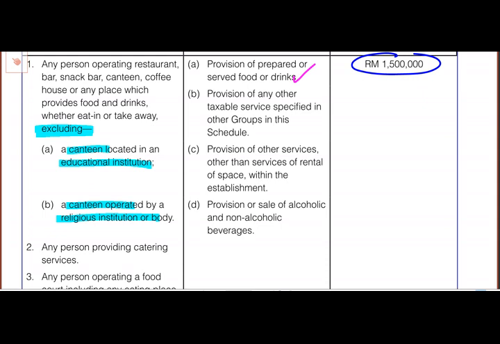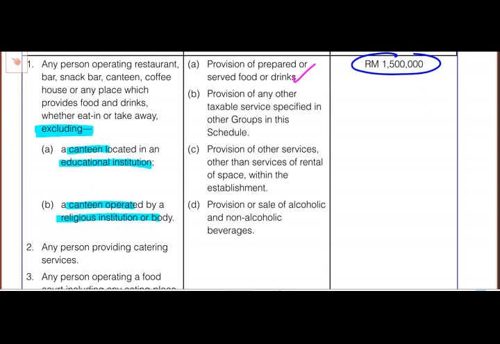Got right? That China steamboat, while eating steamboat, they give you a lot of other services. So if that manicure is being charged, do you have to add 6% on the service offered other than the food? Then you have to see, does all that fall into other taxable services? If yes, then they have to be included.